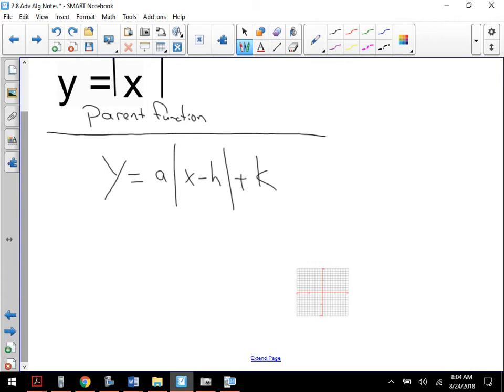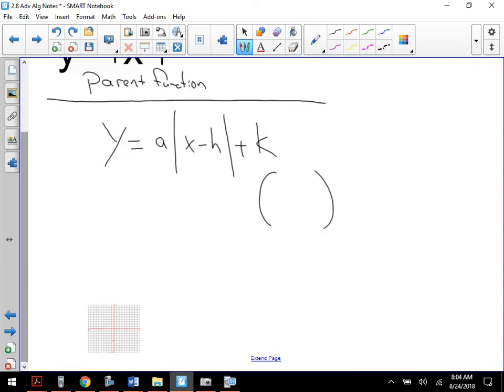That's exactly why I do that. And I've been saying it a while, there's a reason why I do that. This is the reason. Okay. And it's dumb, but you're going to remember horizontal and vertical for H and K. In an absolute value graph, H and K is where you start, and A is your slope.